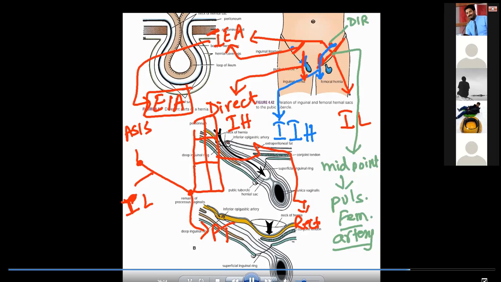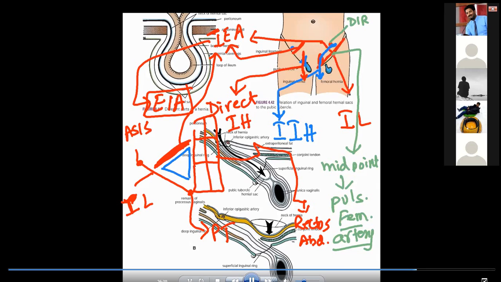This is your rectus abdominis muscle, right? Here an artery is passing. What is the name of this artery? Inferior epigastric artery. Now, if you see here in this diagram, a triangle is forming. See, what is the triangle?